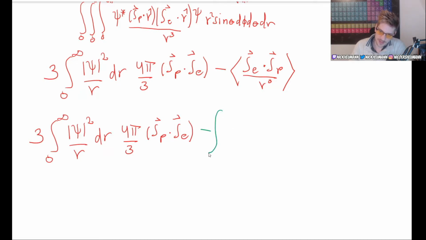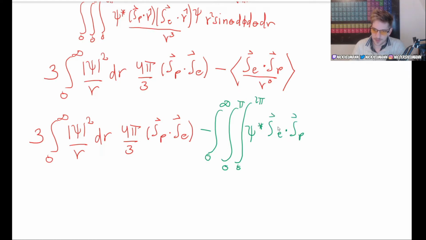It's an expectation value, so let's write it as the integral from 0 to infinity, from 0 to pi, from 0 to 2 pi, of the wave function conjugate, Se dot Sp over r cubed, the wave function again, r squared sine theta, and then dphi, dtheta, dr.